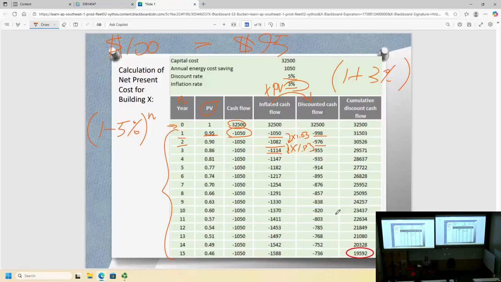And finally, we can add all these up. So 32,500, and then minus this value, and the total would be the last value, 19,592. And this is the net present cost of installing the solar collection panel in 15 years time.